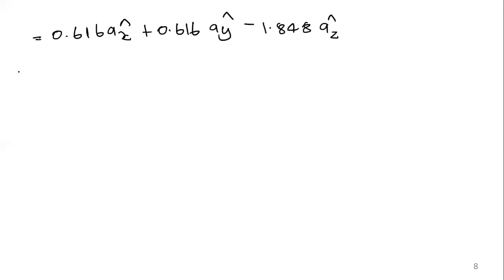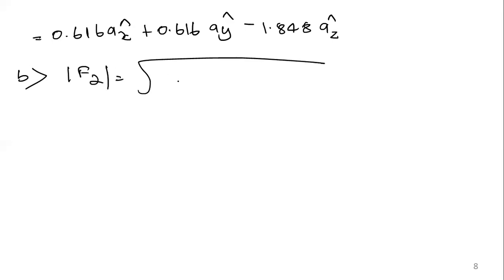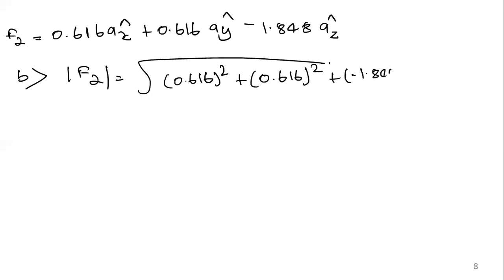Then the next question is, what is the magnitude of the force on the charge at P1? What will be the magnitude of F2? It will be root of 0.616 all square plus 0.616 all square plus 1.848 all square, and the answer will be 2.043.